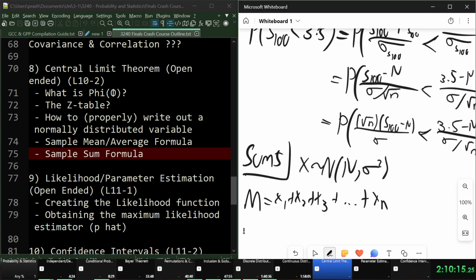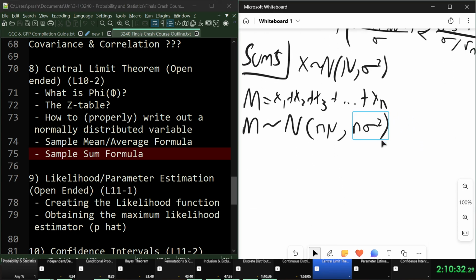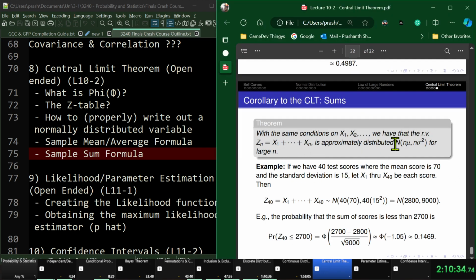M would follow a normal distribution with mean n times mu and variance n times sigma squared. That's what this slide is saying. In this case, they use Z. Z is the sum. This is approximately normally distributed with mean n times mu and variance n times sigma squared.